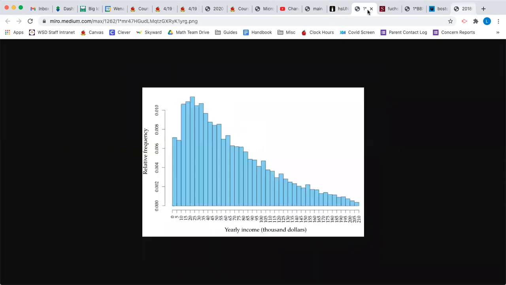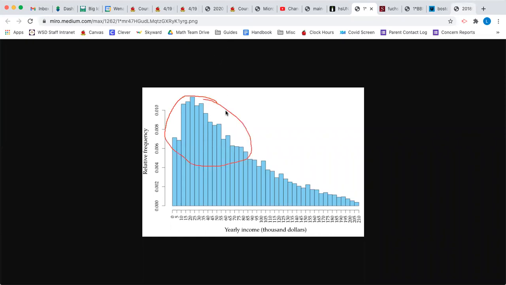All right, let's look at another data set. This is yearly income with relative frequency on the left side. As you can see, this one is pretty clearly positively skewed. And I think we've already talked about this in one of the videos, but yearly income is one of the things that's really clearly skewed to the right, because there are some people who just make tons and tons of money, whereas the reality is most of us are going to be somewhere in here.